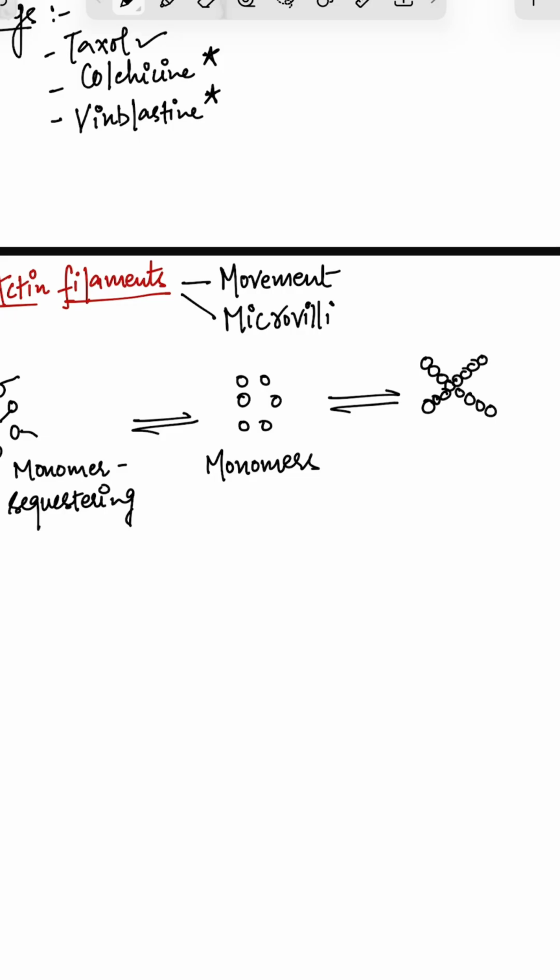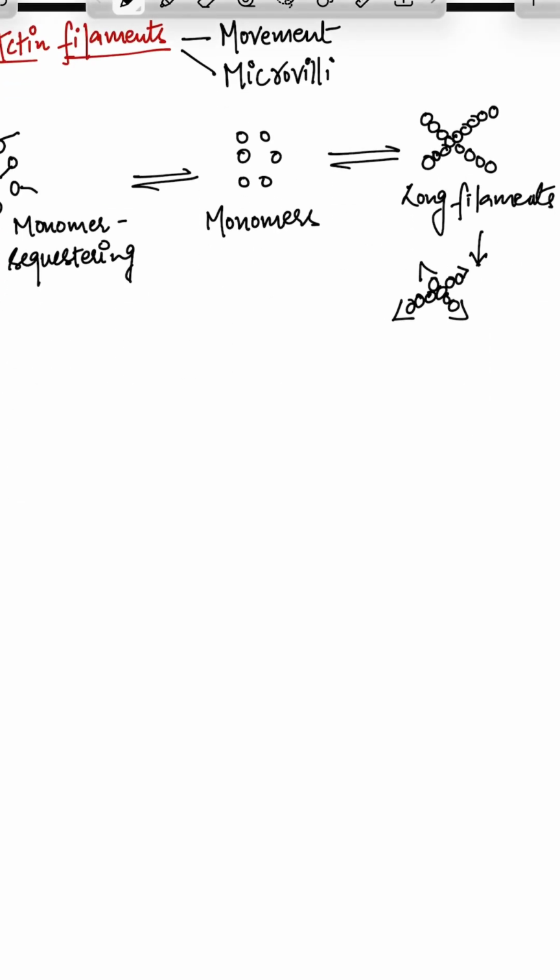When their ends need to be blocked, which is also known as capping, then proteins such as thymosin and profilin bind to these monomers, which blocks further addition, further lengthening. So these ends are getting blocked here, and it is called capping or end blocking.